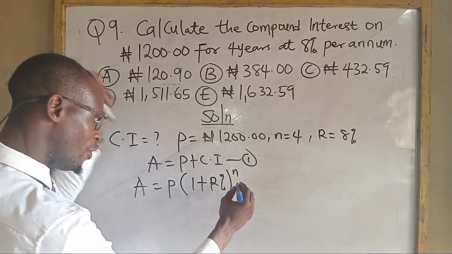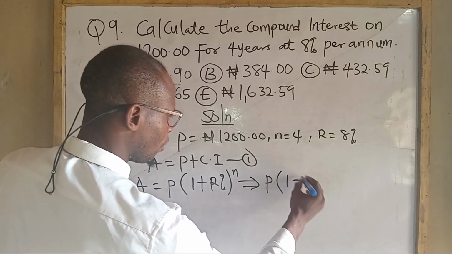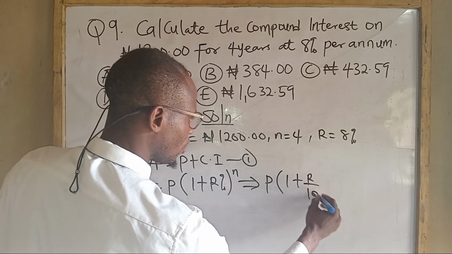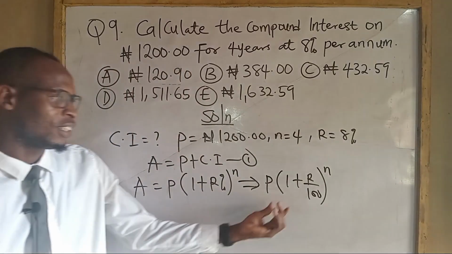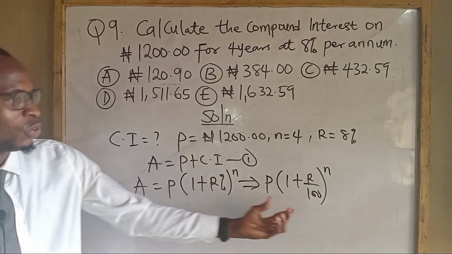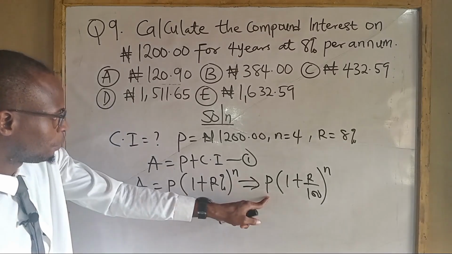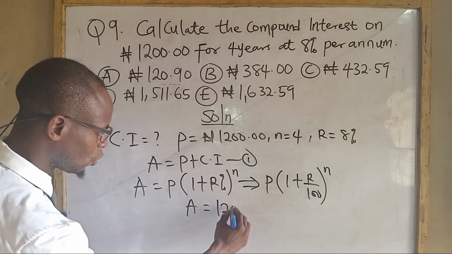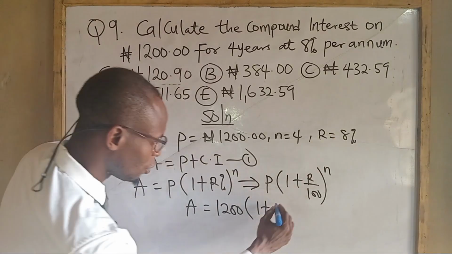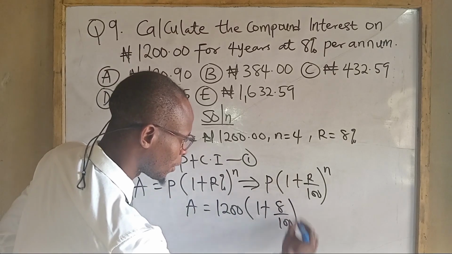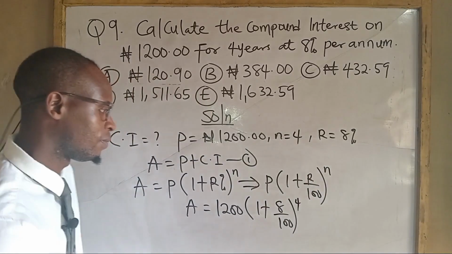And this is also equivalent to principal bracket 1 plus R all over 100 all raised to power n. So of course we have all these parameters here. So we can replace all these parameters now into this formula. So amount will be equal to the principal, which is P. That gives us 1,200 bracket 1 plus then the rate in percentage, which is 8 over 100. You have expressed that out already. So n is equal to 4. Let's replace that too.